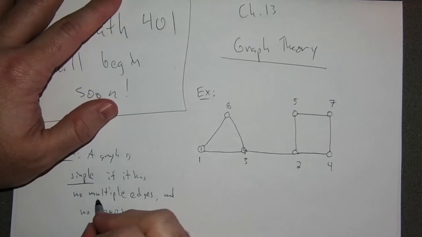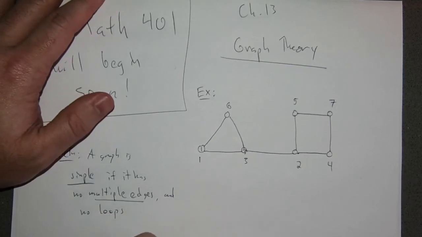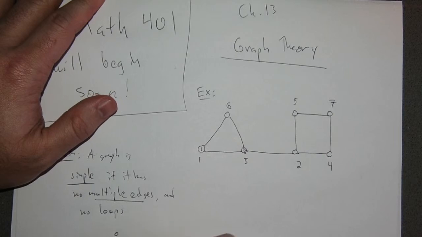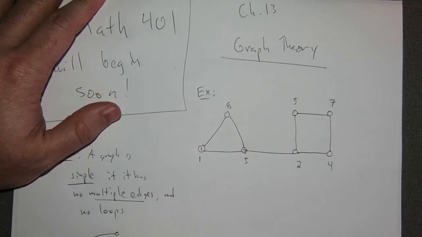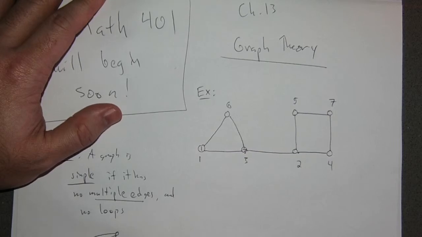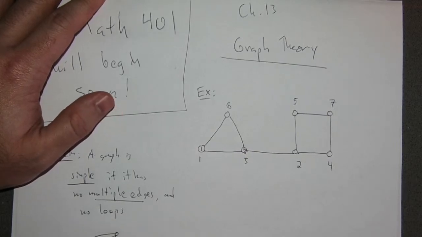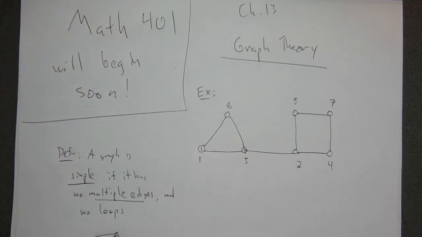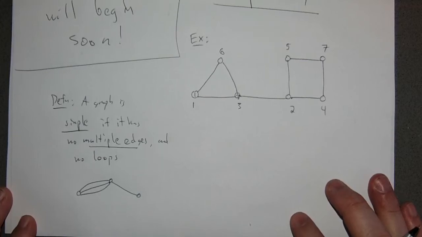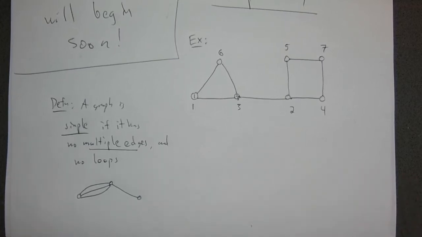An example of multiple edges would be, say, a 3-vertex graph where I have 3 edges connected between two vertices and then just 1 here. Notice here between these two vertices I have 3 edges.